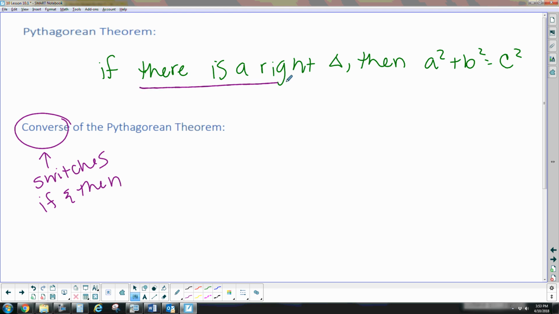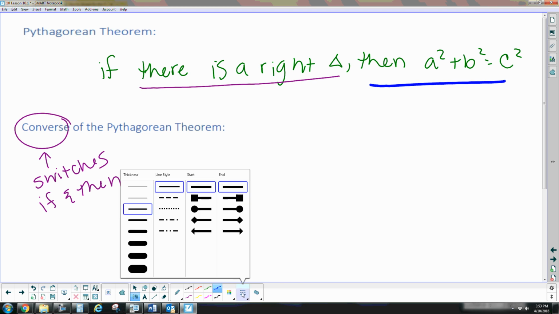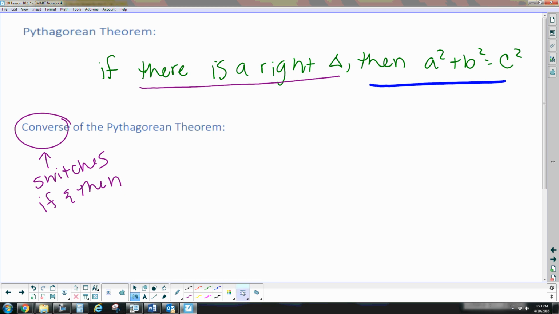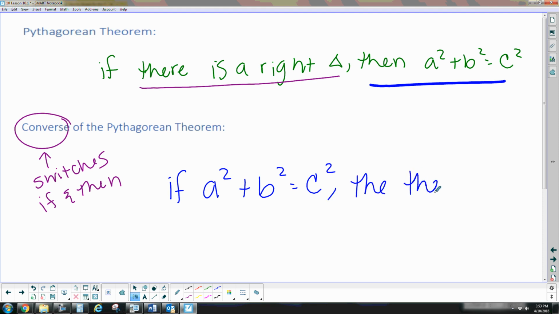So this is now the then part, and this is the if part of the converse. So if a squared plus b squared equals c squared, then the triangle is a right triangle.